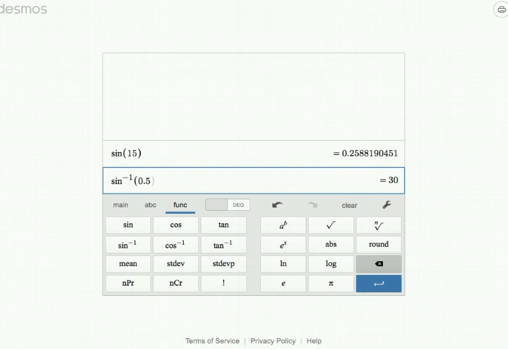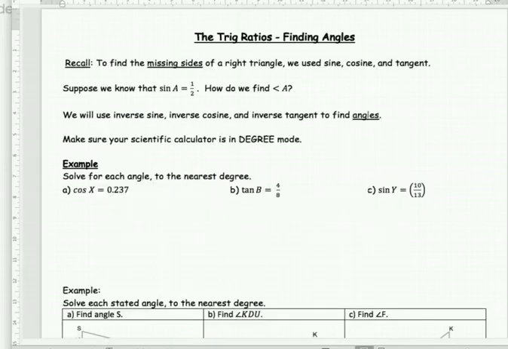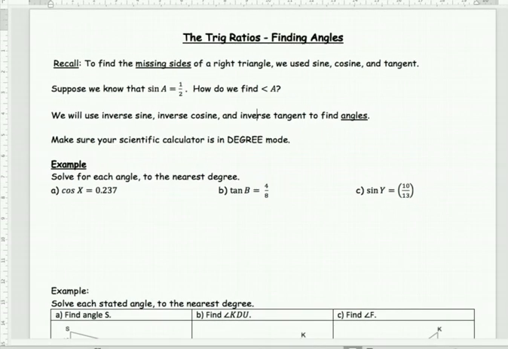Okay. All right, so now that we have figured out how to use the calculator, let's go back to our notes here. If you are taking a look at our first example, I want you to solve these for the angle. So basically, you need to find the angle here.